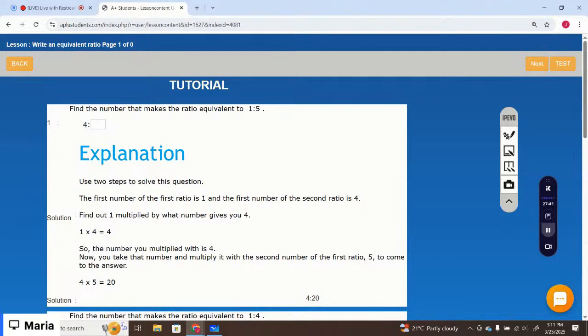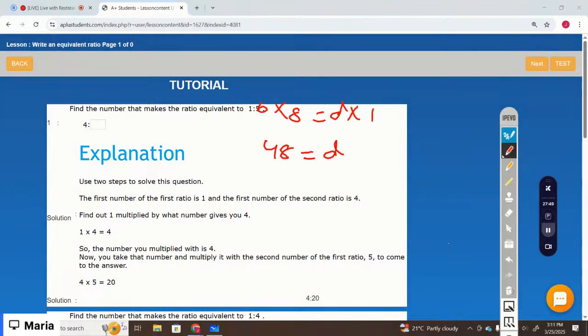Find a number that makes the ratio equivalent to 1:5. That is 1:5.